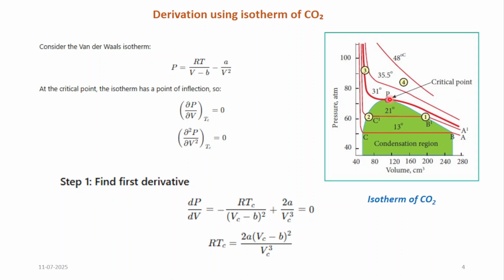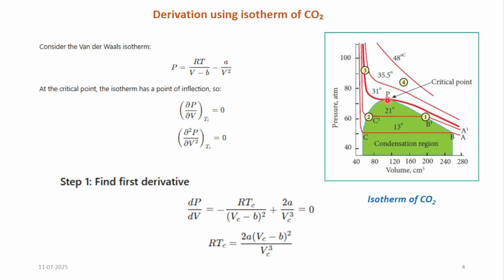At this point, if you write the van der Waals isotherm in this form and take the derivative of pressure with respect to volume, of course it will be 0, because this is called the point of inflection.